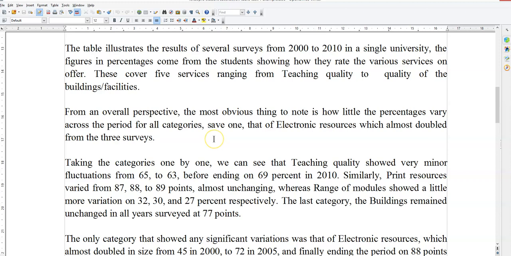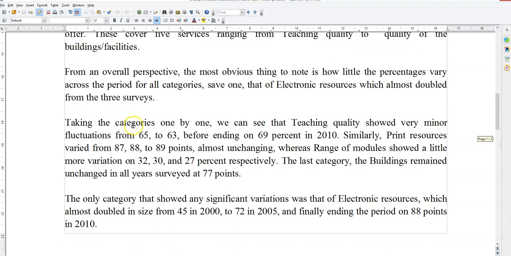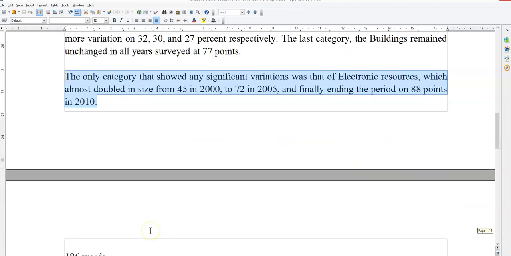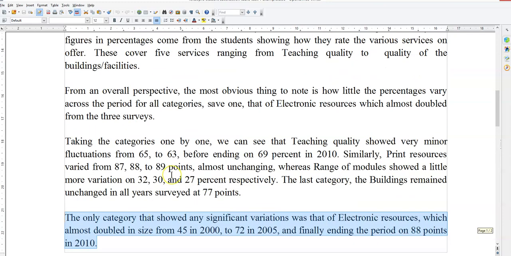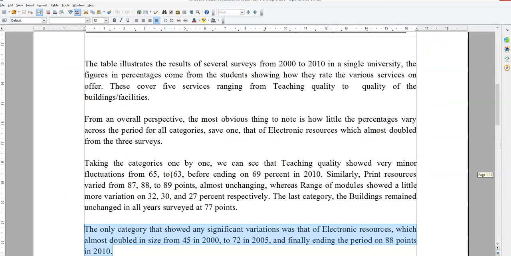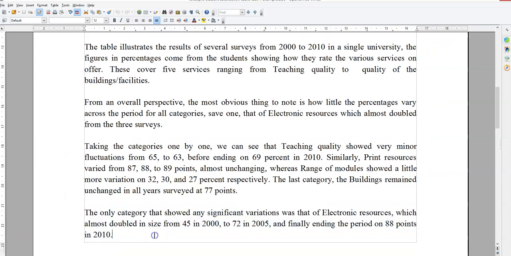How little the percentages change, say the 1. And then take the categories one by one. It's only 5. So I would have put the unchanged ones in paragraph 3 and the exception, the outlier, in paragraph 4. 186 words. I'll just leave that on the screen so you can see it. Okay, so that's how I would approach that particular task.